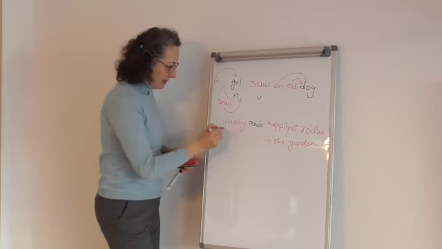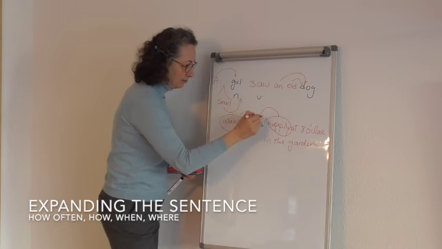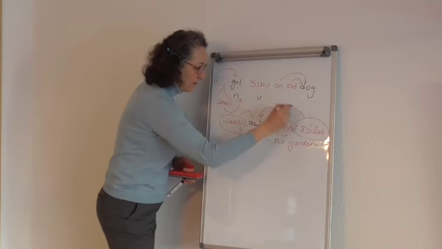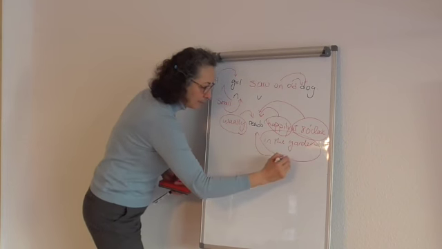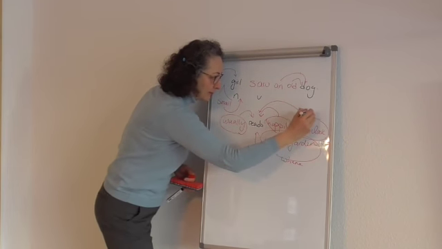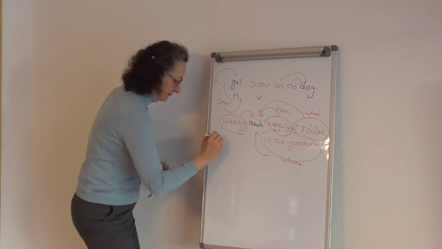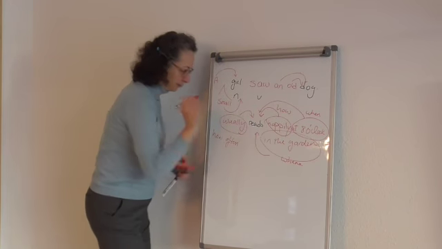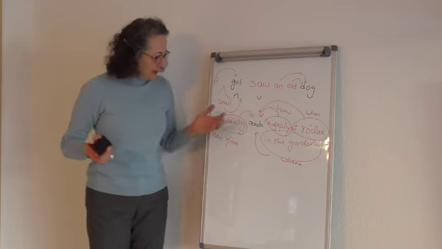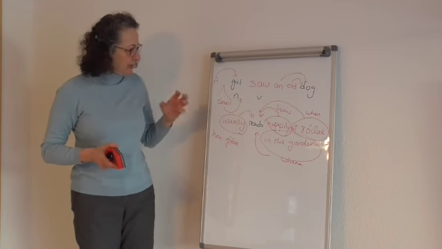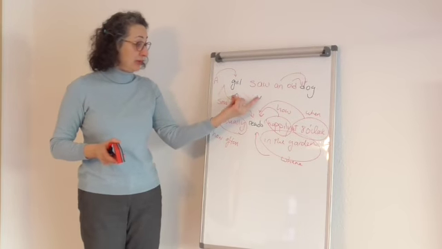So, again, how often, how, when, where. So, as you can see, basically what I want to say is, a sentence is made up of a noun and a verb.